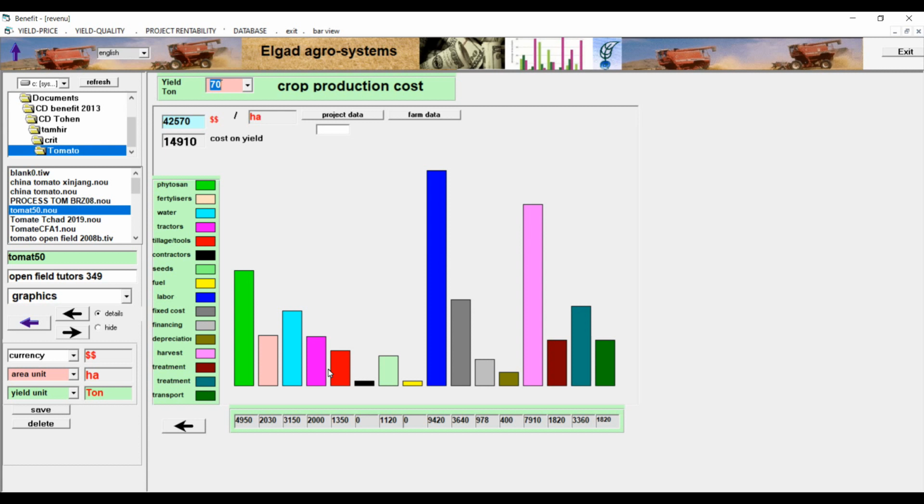Water is relatively high. Tractor, tillage, the blue line is the labor, because we have a lot of labor during the season. And the rose one is the harvest, because it's manual harvest. So this is also one of the high costs that we shall have.